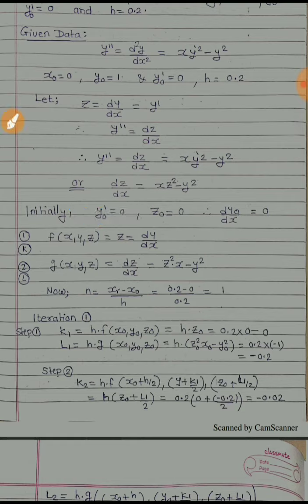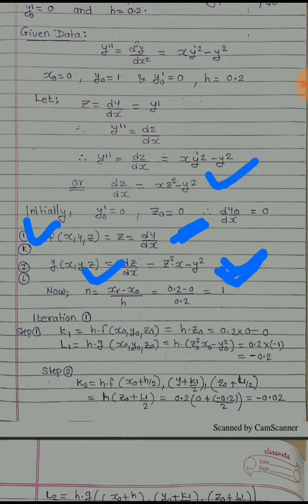So, starting with the procedure, step 1, f of x, y, z is equal to z, which is equal to dy by dx, right? So that can be written further as g of x, y, z is equal to dz by dx, that is z square dot x minus y square.